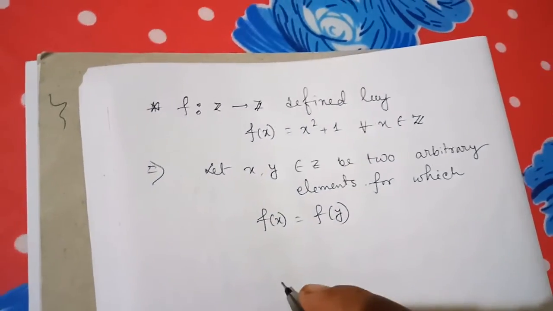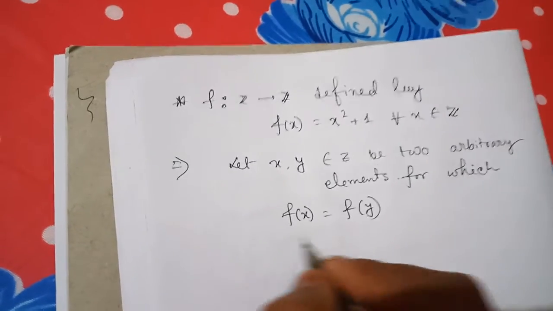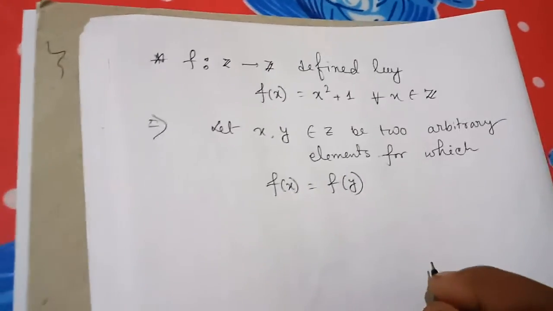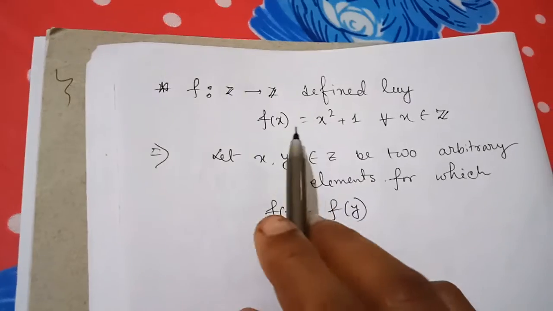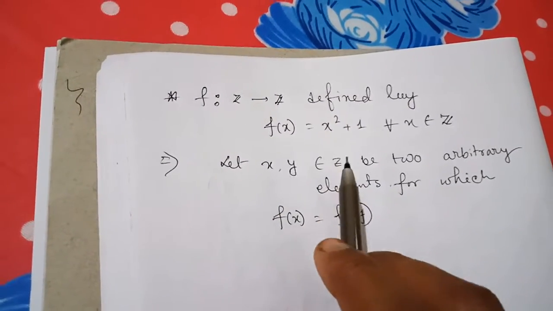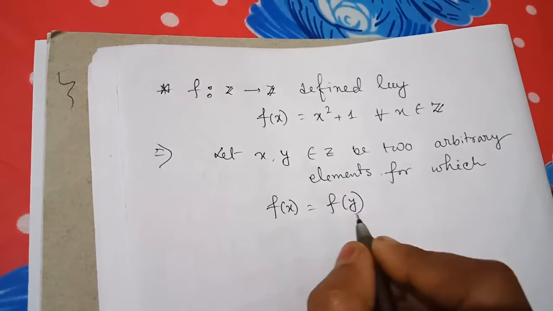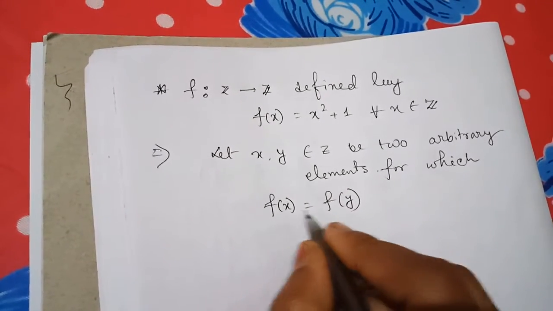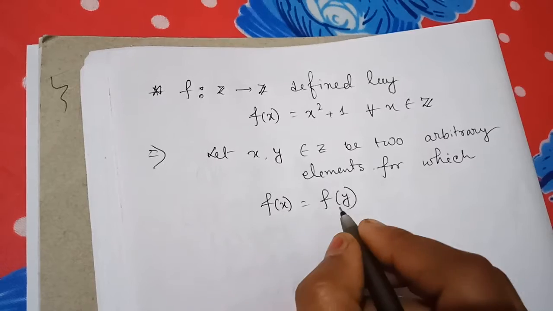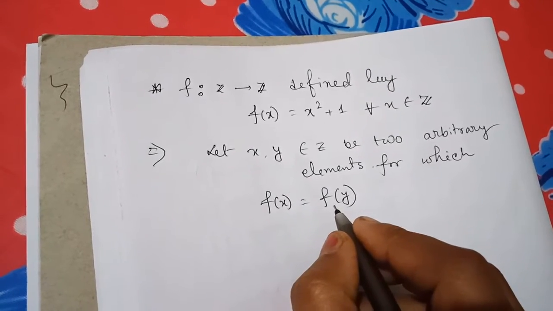Now look, the first condition that we wrote with inequality can also be taken, but for the verification process we need the equality condition. That's why we are doing it with the second one. So f of x equals f of y, we will take it as the condition.